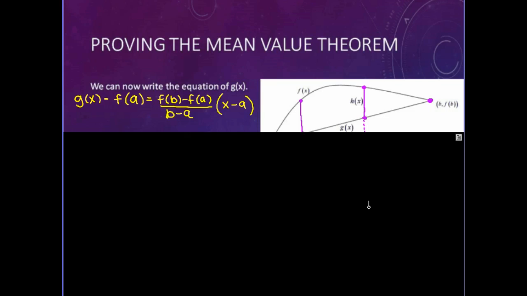Now we're looking at h of x. So change your focus from g of x to h of x. h of x is a vertical line connecting the two functions. So to find the distance of that line segment, what would you do? This top point is f of x, this bottom point is g of x, therefore h of x is f of x minus g of x.